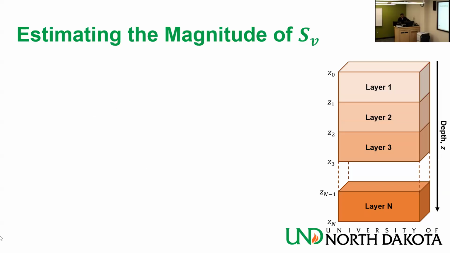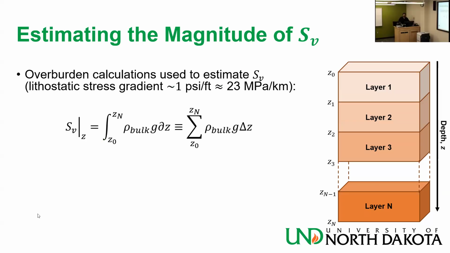I don't know how well paying that discipline, that specialty is, but basically what you are doing, you are solving this integration somehow. We will simplify it and solve it mathematically in an easier fashion, but this is what we really solve. We basically want to divide the rock underneath us in layers above the point of interest. If my point of interest is 7,000 feet, I have 7,000 feet of rock to worry about and measure its mass.